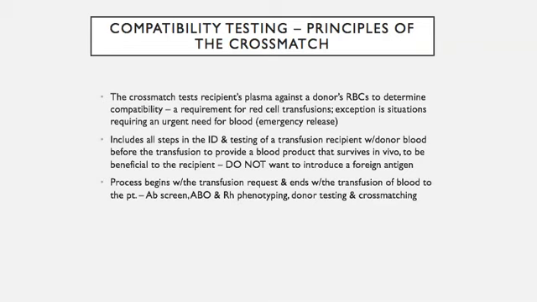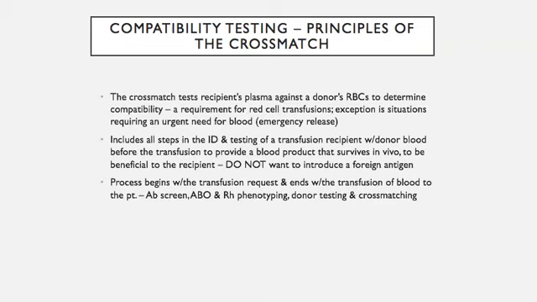Okay, so the cross-match includes all the steps in the identification and testing of a transfusion recipient with donor blood before the transfusion to provide a blood product that survives in vivo. We want to do that because, again, there's something going on with that patient that has put them in need of transfused red cells.